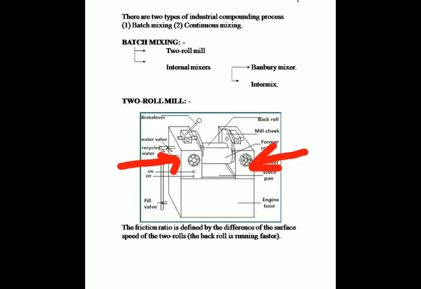Normally the back roll is rotated by electric motors with the reduction gearbox, and the gear attached to the other end of the back roll mates with the gear on the front roll, the so-called coupling gears, and the ratio of teeth of these two gears determines the friction ratio.